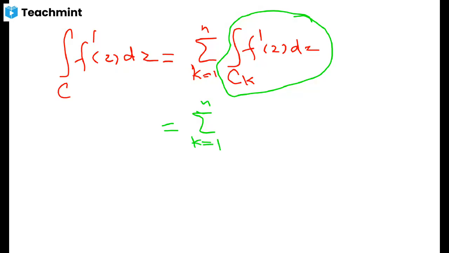What I will get is f of z of tk plus 1 minus f of z of tk.